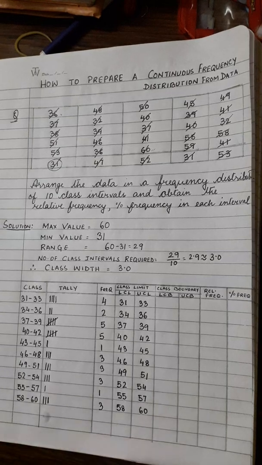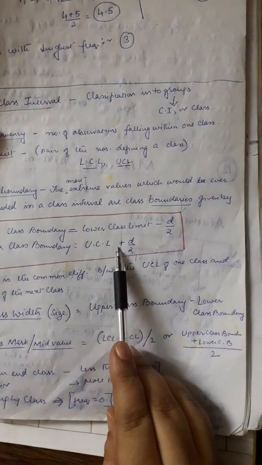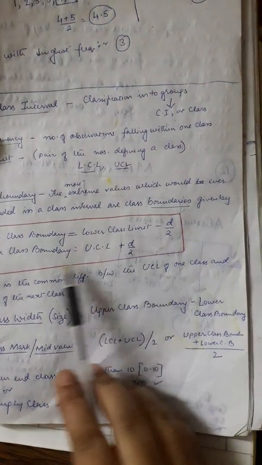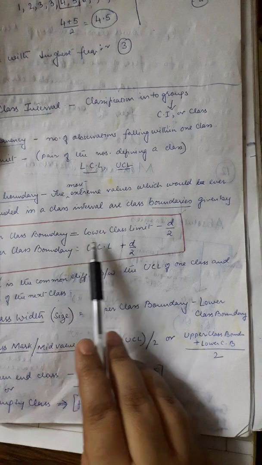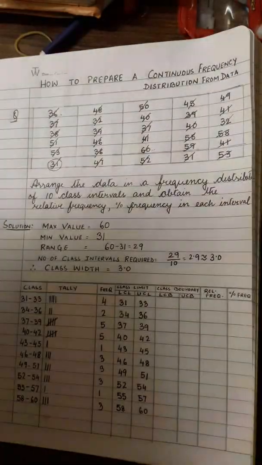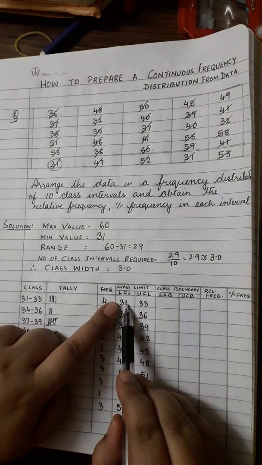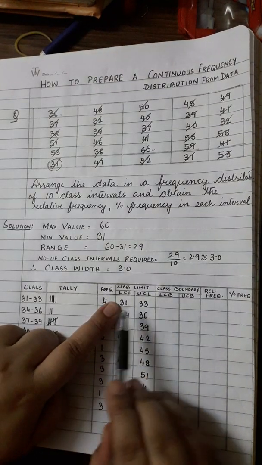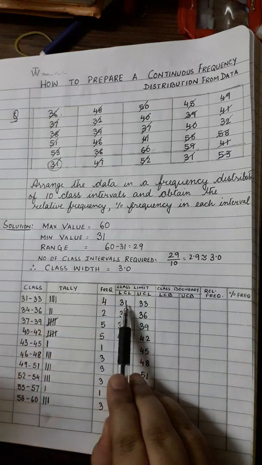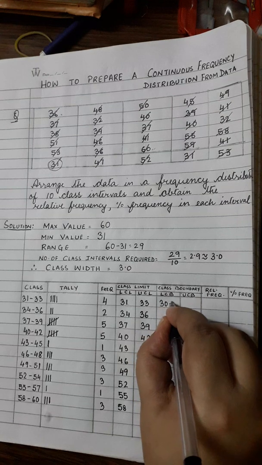So the upper class boundary will be given by the upper class limit plus d by 2, and the lower class boundary will be the lower class limit minus d by 2. So let's see how we are going to do it here. We are converting this to the lower class boundary. So this minus 0.5, we get 30.5.